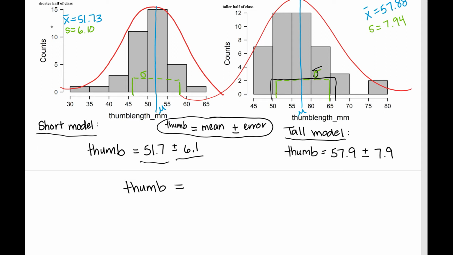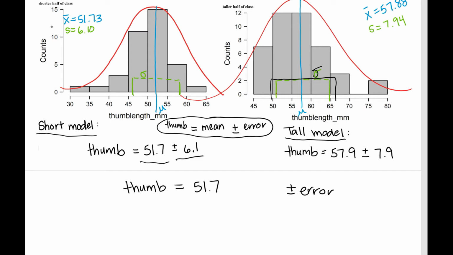I'm going to start with the lower of my two models. So let's say, I think for the general population, there's a center around 51.7. And I'm just going to put an error out here because I know there's going to be some error.